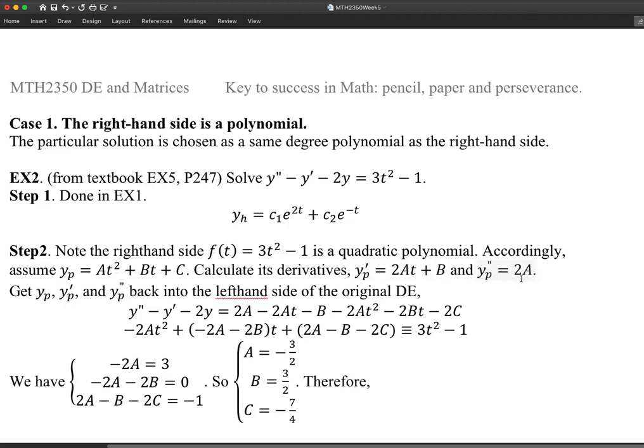Then you are going to put y sub p, y sub p prime, y sub p double prime back into the original differential equation, the left-hand side. There's nothing to plug in for the right-hand side, right? So I plug in everything together.